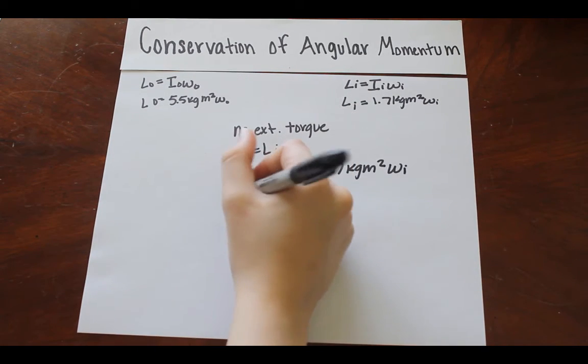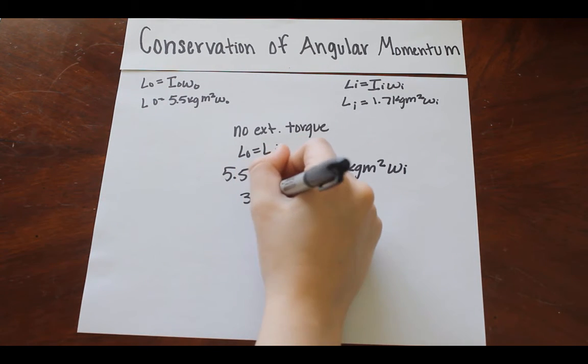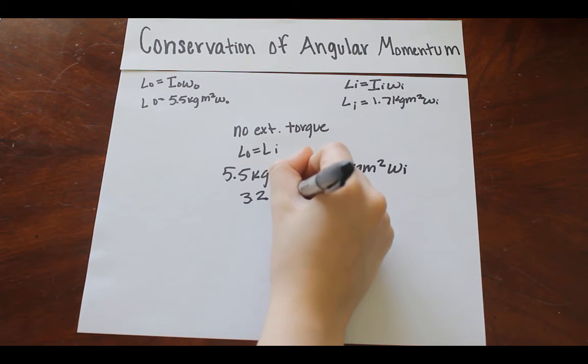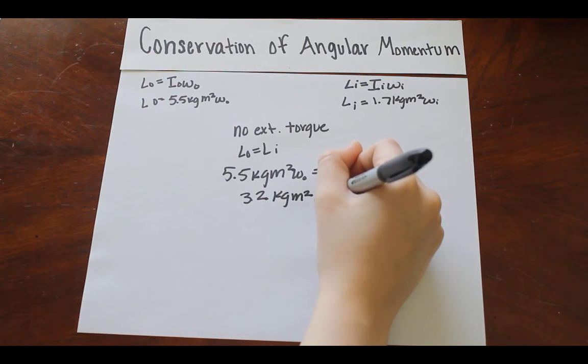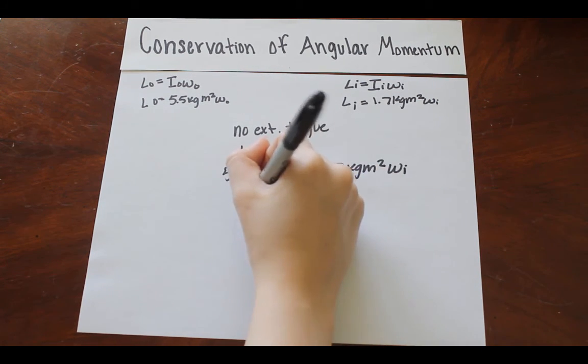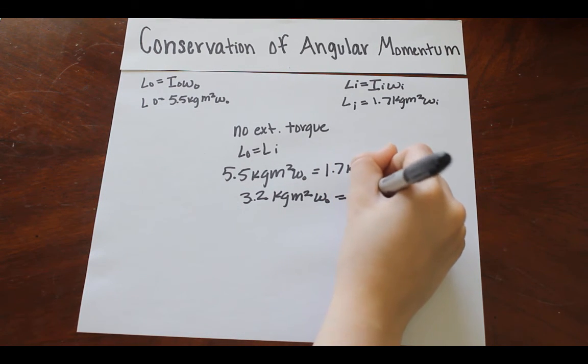And so if we divide the left side by 1.7 kilogram meters squared to cancel that side out to get angular velocity in by itself, we're going to get 3.2 times omega out equals angular velocity of the person with his arms in.